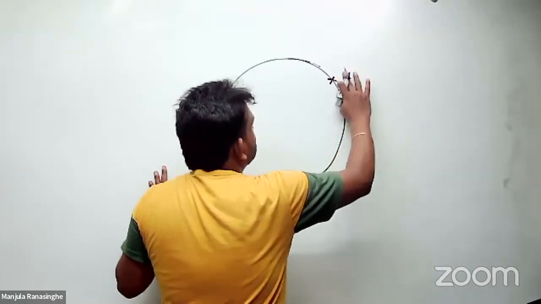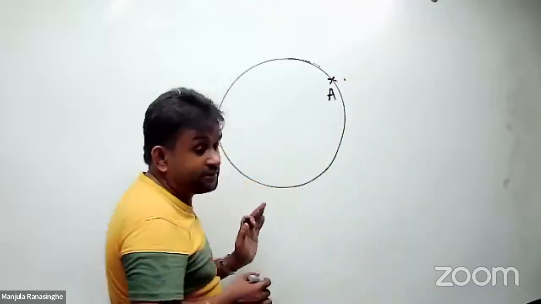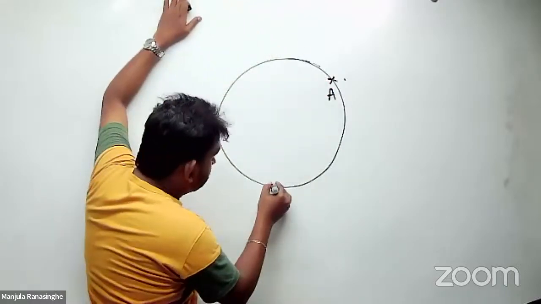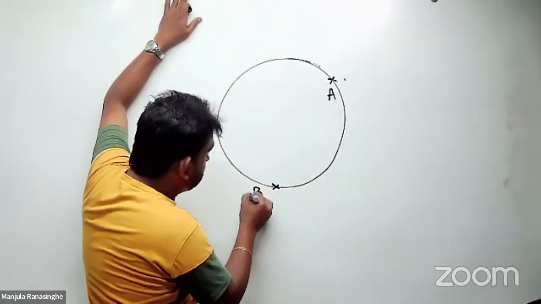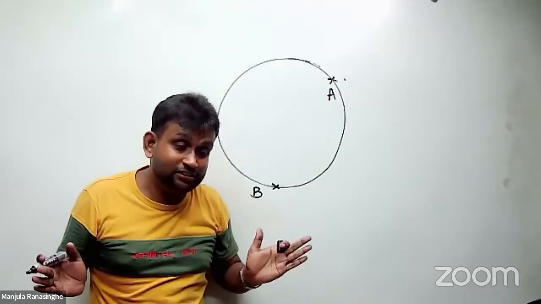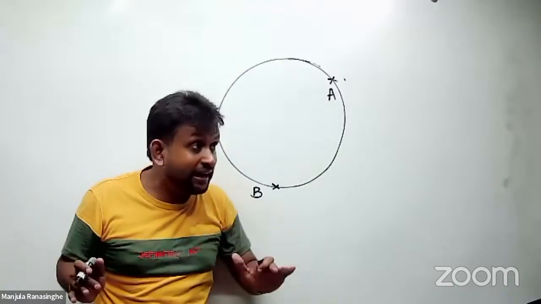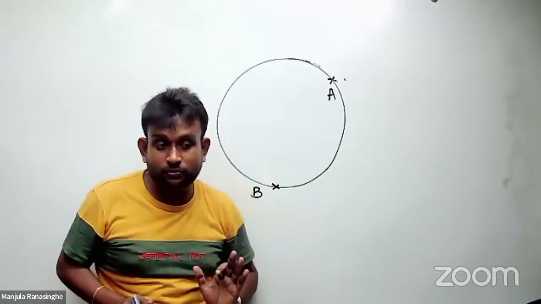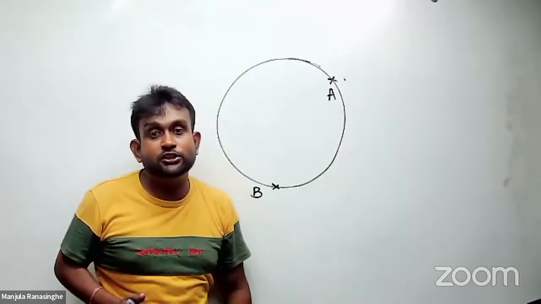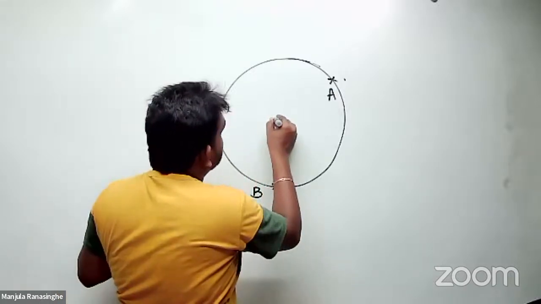We need to build a tangent to the circle at point A, or a tangent at point B. These points are located on the circle. So the topic is drawing a tangent to a circle at a point on the circle. That is geometry. So imagine the center is O.